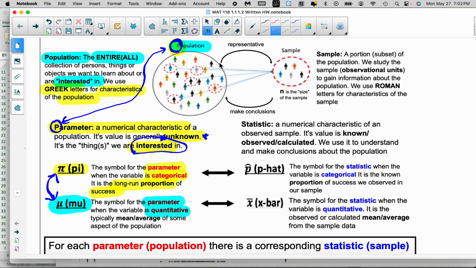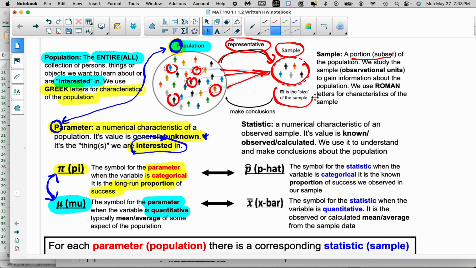So if we're interested in something of the population, what we do is we want to take a sample that represents the population. So we take a subset or a portion of that data. We take a sample. See here, we selected randomly some elements of the population to form our sample.